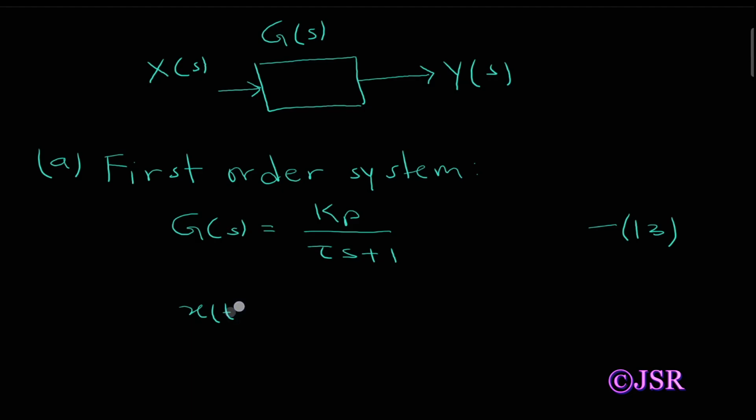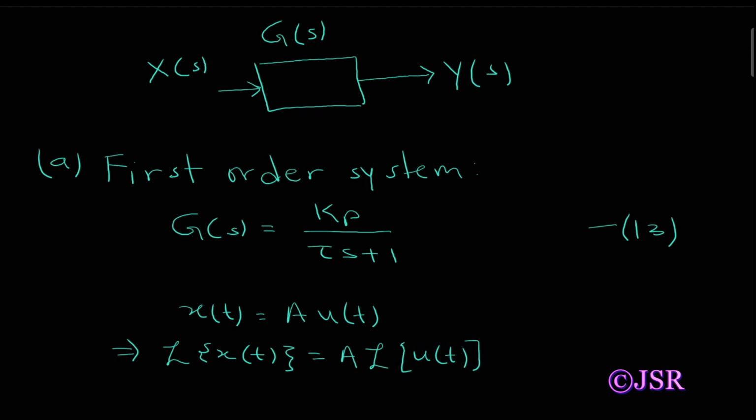And here we have given small x of t equal to a u of t. So now we can take the Laplace transform of small x of t, and this will be a by s. So finally we will have capital X of s equal to a upon s, and this is equation number 14.